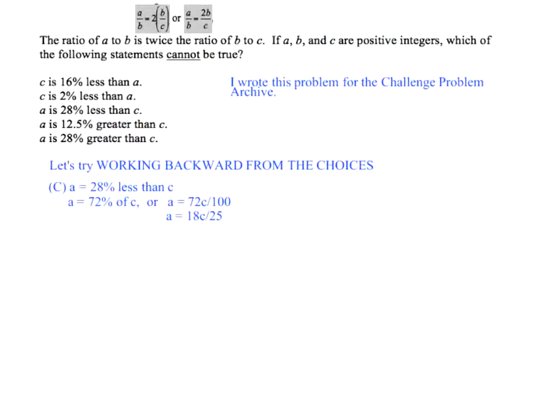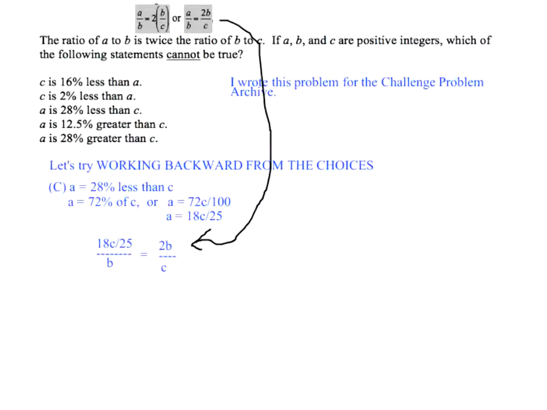So then let's substitute that into that expression up there, because the only thing we can do is substitute and just see if this works. So if we have A over B, that's 18C over 25, divided by B, is 2B over C. There are a number of ways you can handle this, but one thing you can do right now is take a 2 out of the top of both fractions.